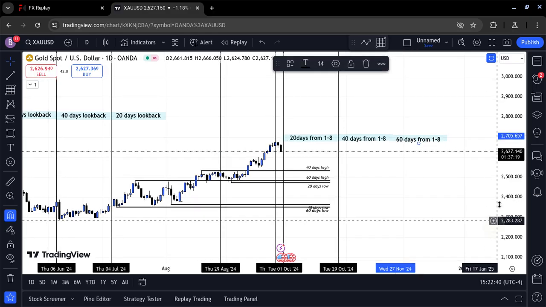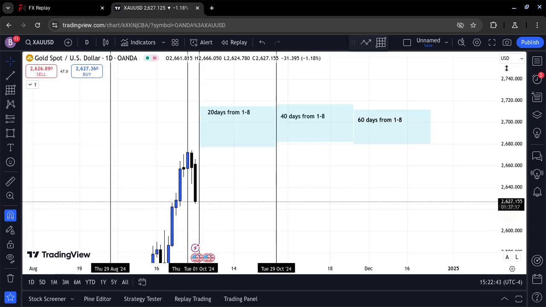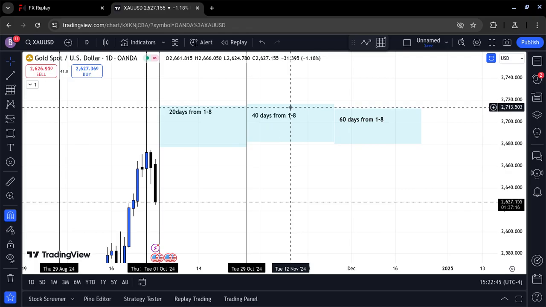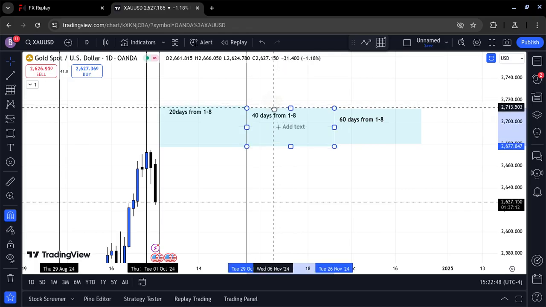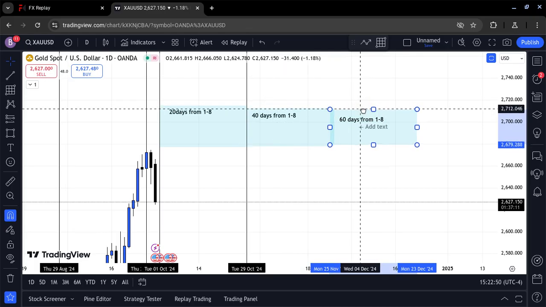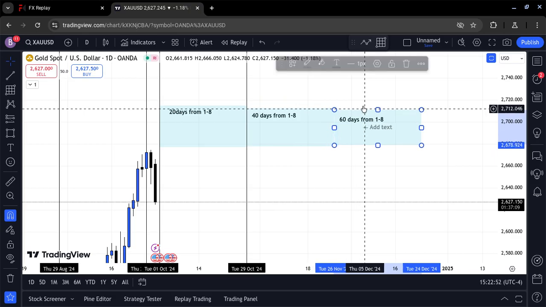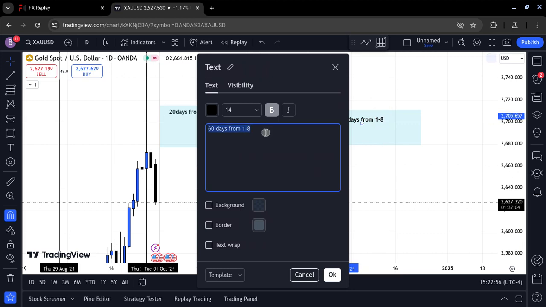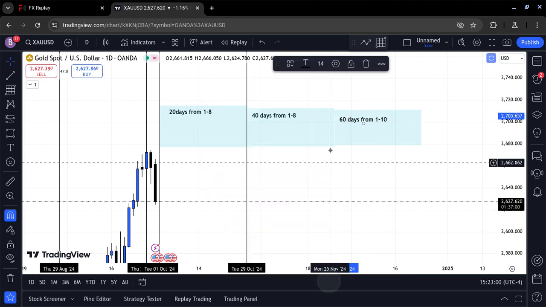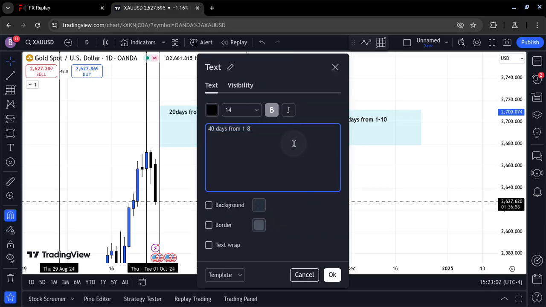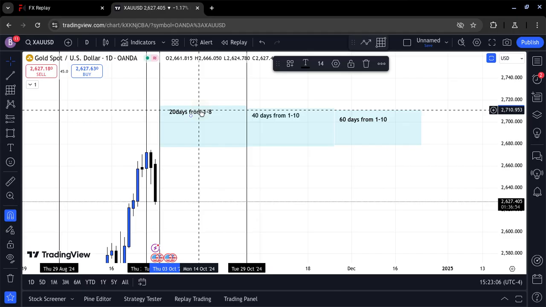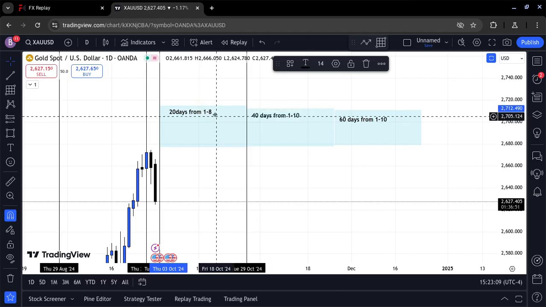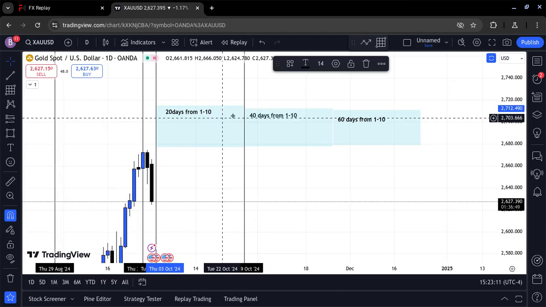All right, I'll just make everything very smooth, guys. Just give me 1 second, because this laptop has been using so much memory, it's a bit slowed down. From 1st of October right there, 40 days, and we have 1st of October right there, done.